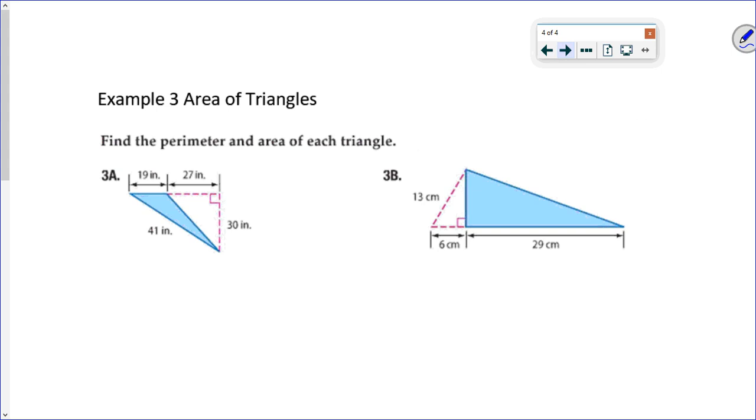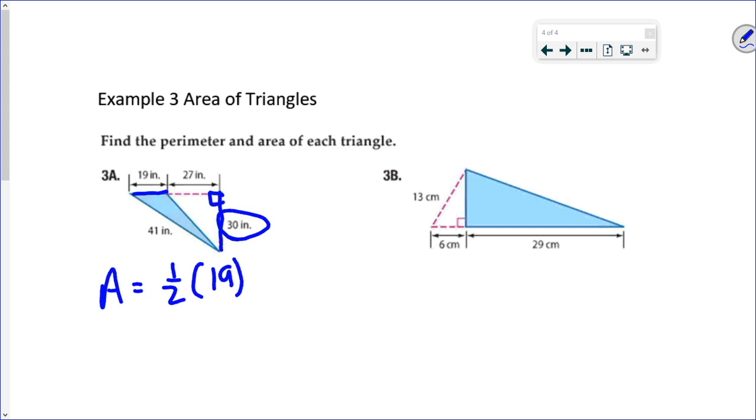All right, so find the perimeter and area of each triangle. So here we've got this altitude that's 30 inches. That is perpendicular to what side? That's perpendicular to the 19-inch side. So area equals 1/2, 19 ends up being my base. That's the side of the triangle.